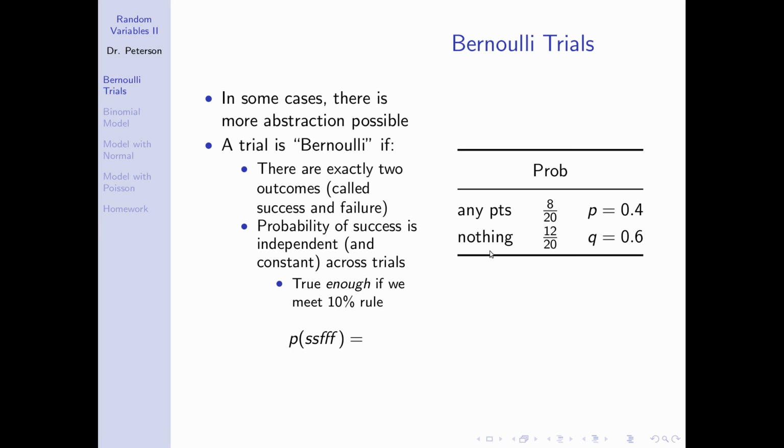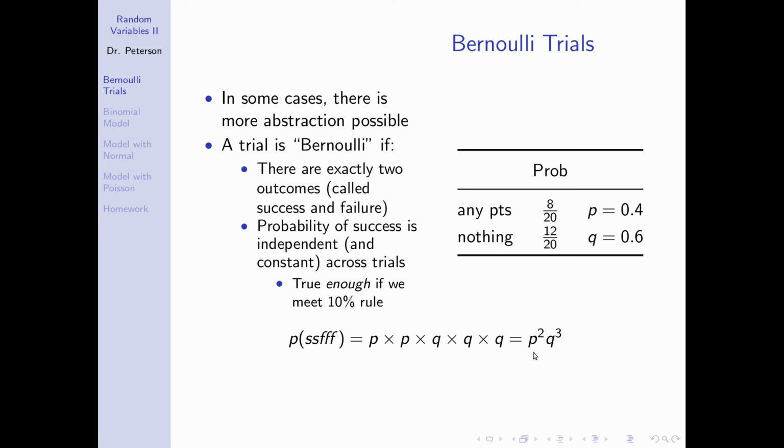Now, if we want to know the probability of getting a success, a success, a failure, a failure, a failure, and each of these are independent, all we have to do is multiply the probability of getting success on the first times the probability of getting success on the second times the probability of getting a failure on the third, failure on the fourth, failure on the fifth.